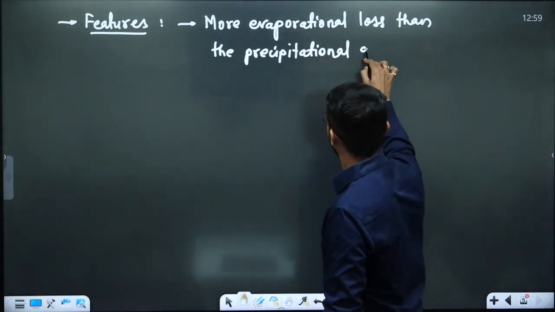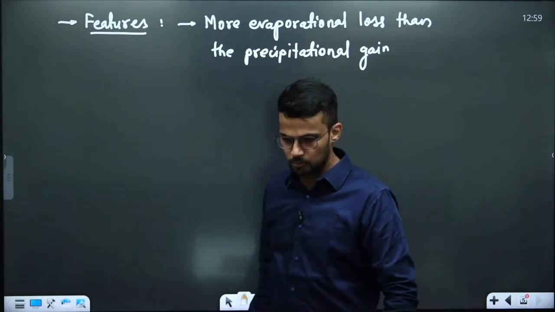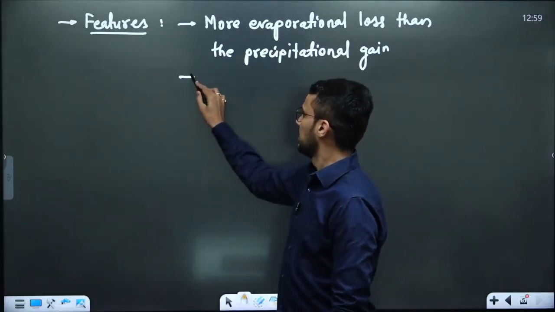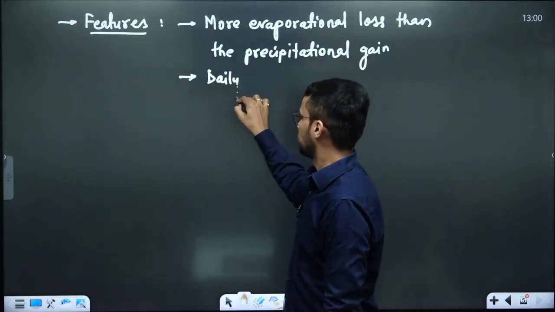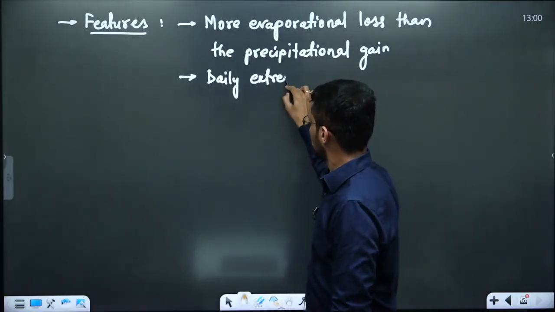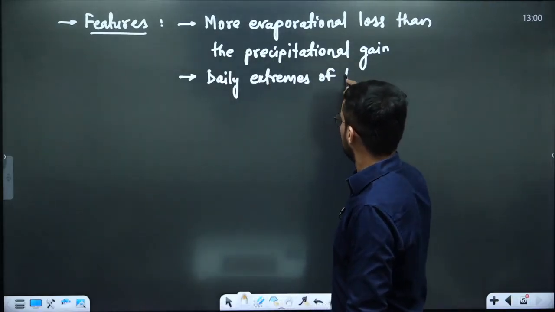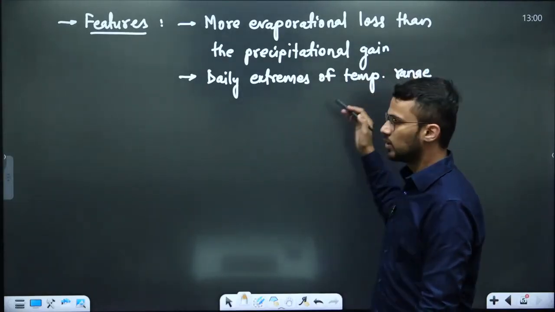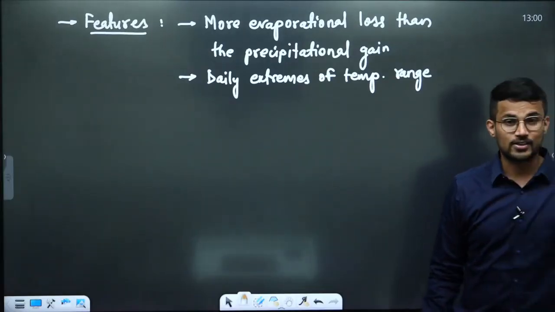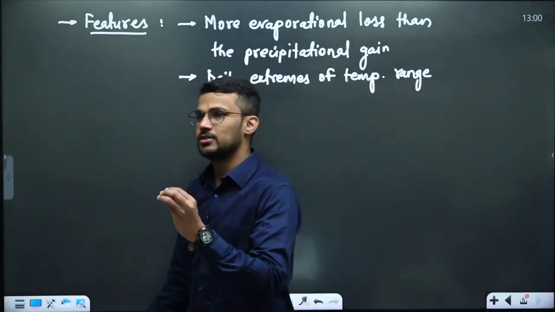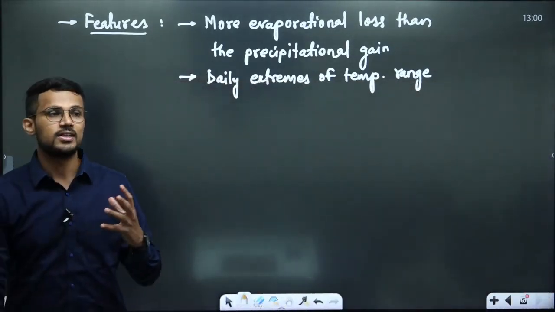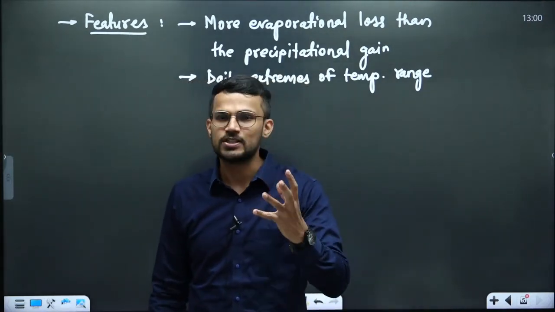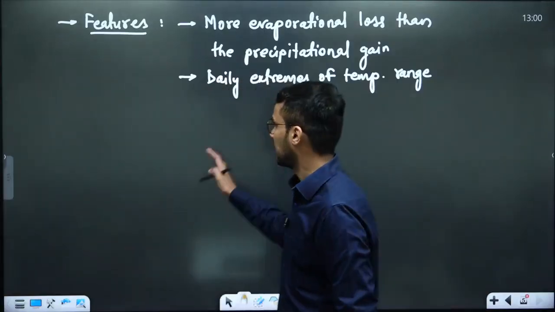Daily extremes of temperature range. जो diurnal range होती है, that is extreme. In daytime, temperatures may reach at, let's say, 50 degrees Celsius, and during night time it would be freezing cold, right? 0 degree तक भी जा सकता है temperature.